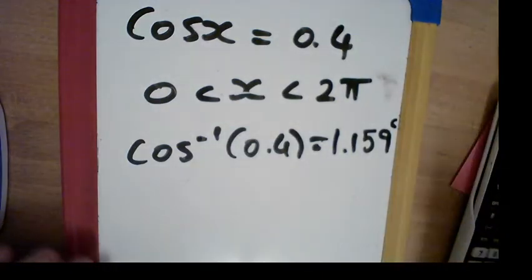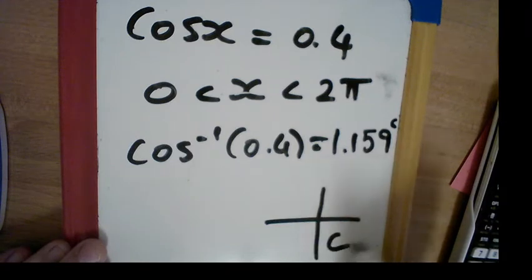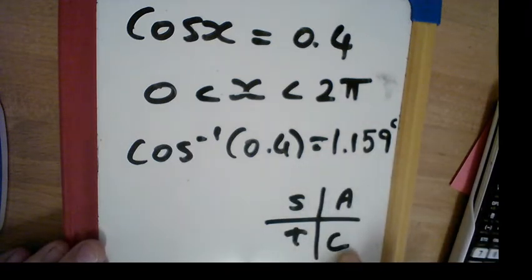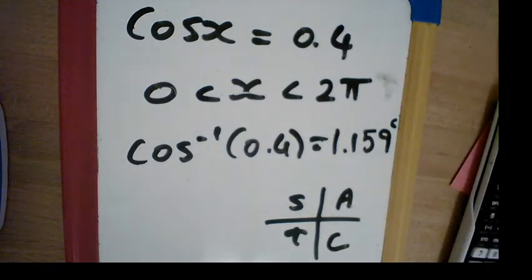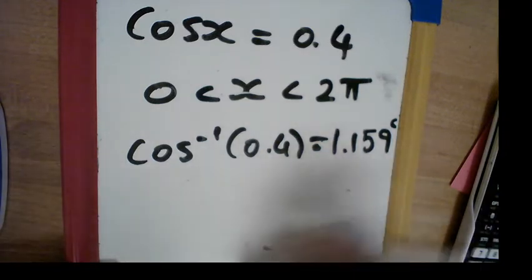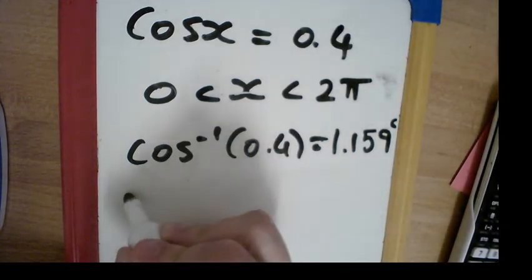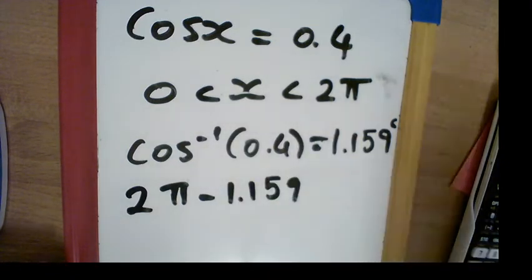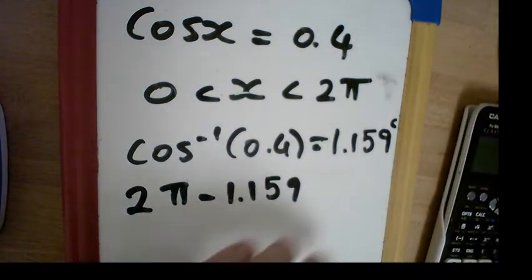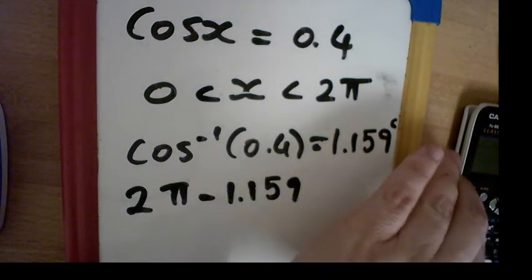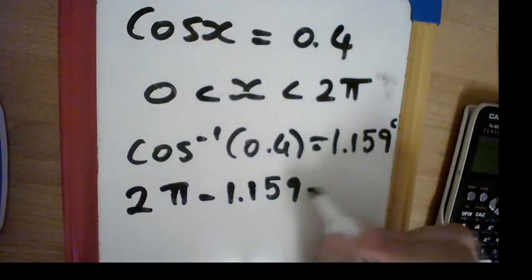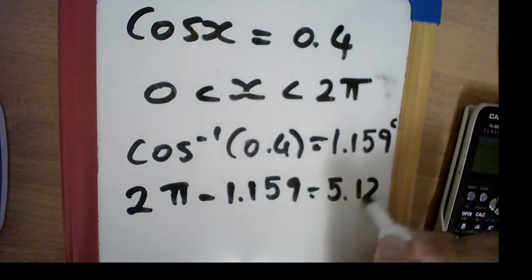Now, we remember that in the CAST diagram, cos sits here. Cos is 360 minus. Well, we're not in degrees, so we can't use 360 minus. So instead, we do 2 pi minus 1.159, or if you've got your calculator still handy, 2 pi minus answer, much more accurate, gives me 5.12 radians.